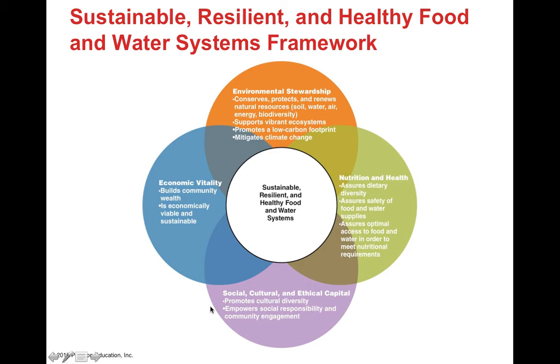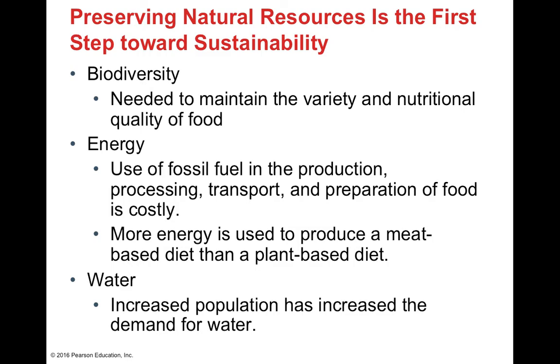And we have to have social, cultural, and ethical capital, whereby the society is empowered by social responsibility and community engagement, as well as economic vitality, whereby we can build community wealth and have economic viability. All of these four have to overlap in order to create sustainable, resilient, and healthy food and water systems.